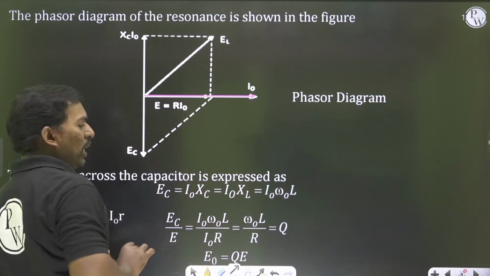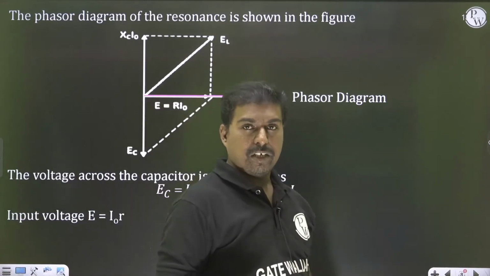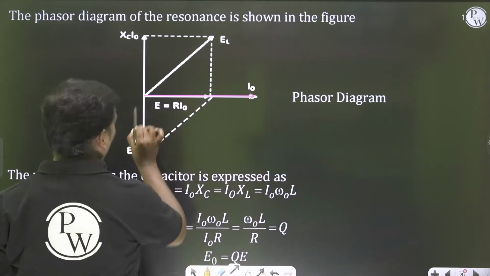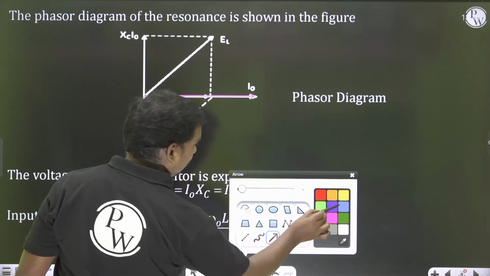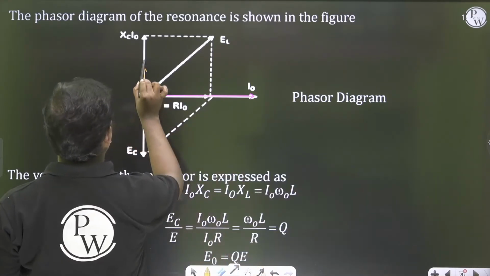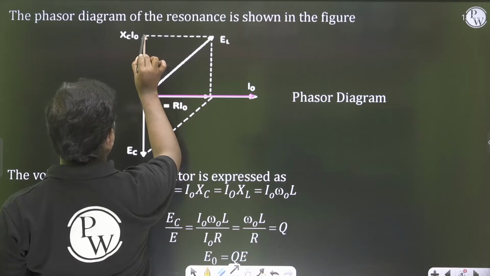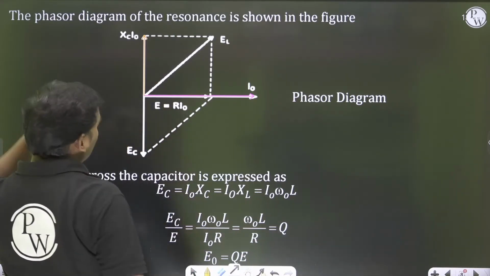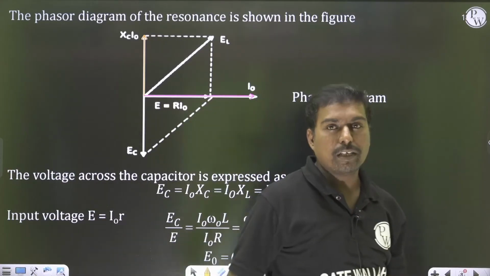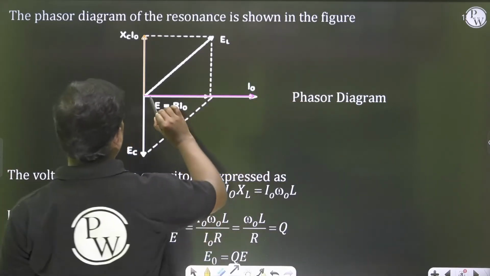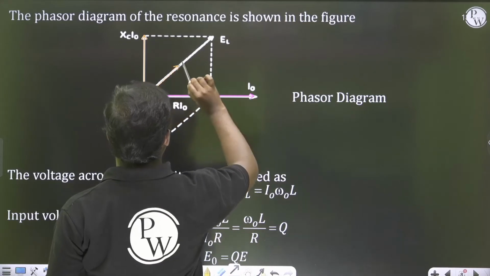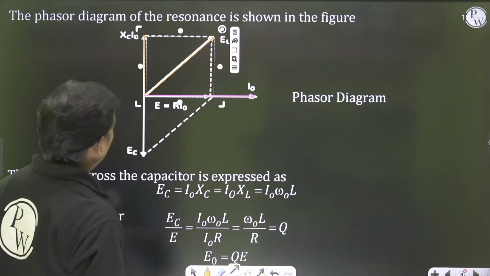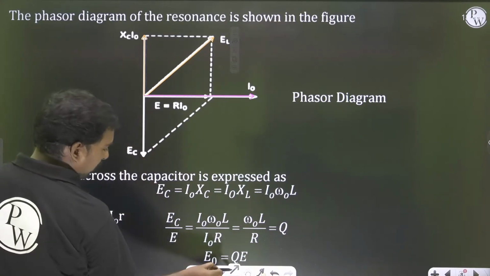If we take the voltage phasor diagram for the inductor, the voltage across the inductor, purely speaking, it is 90 degrees. But practically speaking, it is going to come with a phase angle. And next, XC is going to be in the opposite direction like this.